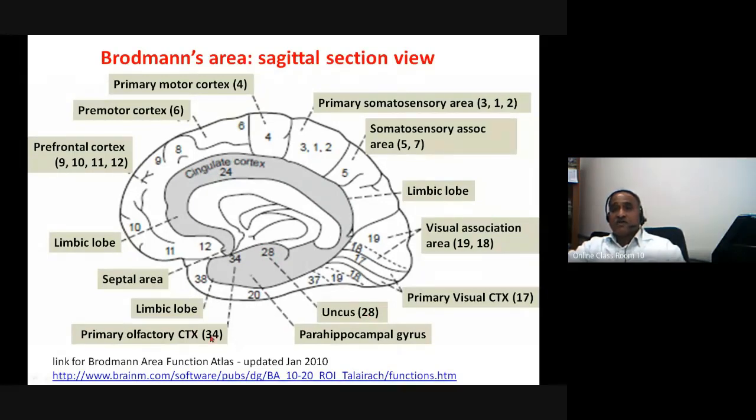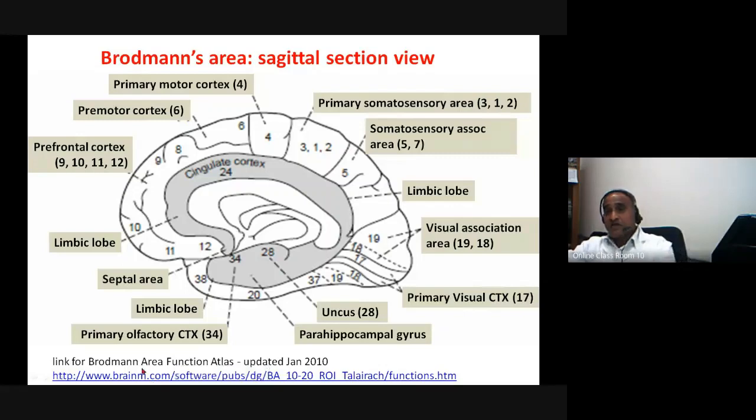Then we have other areas which we have not seen. 34, 38. Then we have 39. We see it outside. So these are some of the areas. What I have made here, I will just read about in each of them. The various lobes I have identified, I have labeled them.